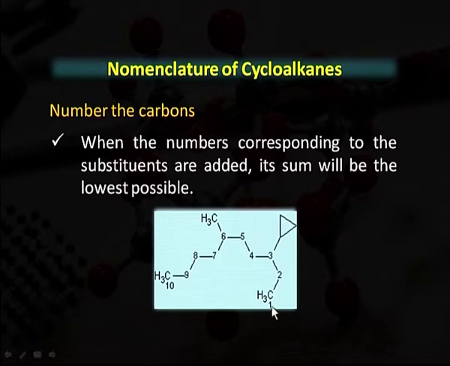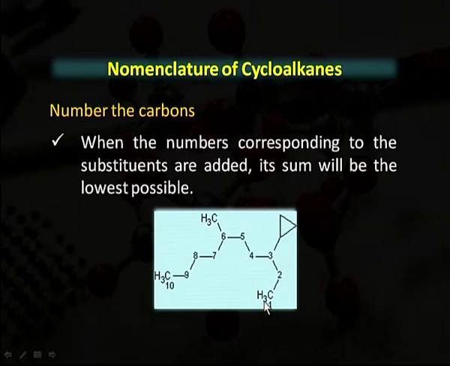this structure. We have started the nomenclature from this side instead of this side, because this locant is situated at carbon number 3 and the other locant is situated at carbon number 6.